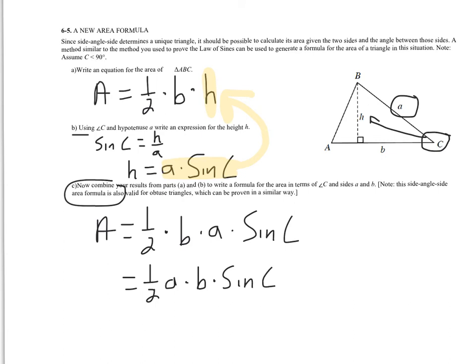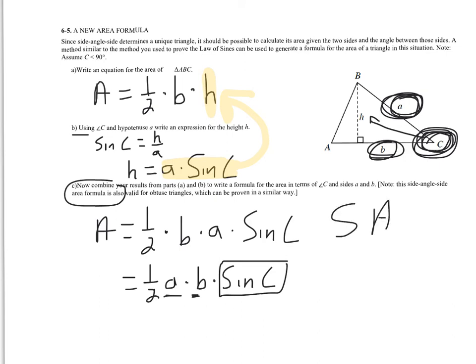This means if I have an angle C that is between two sides, A and B, in other words, we have side, angle, side, I can use those two sides and the angle between them to find the area.